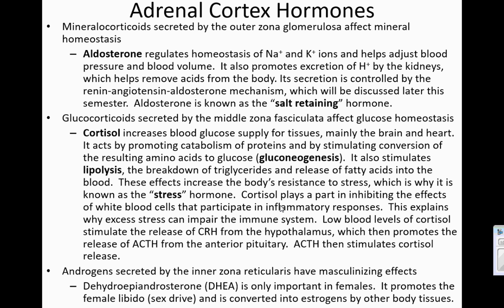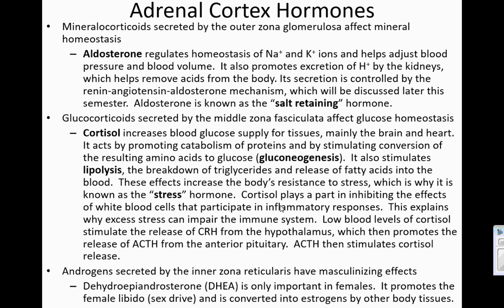It retains our salt. What's salt? Well, we know it's sodium chloride. If it's table salt, it could also be potassium chloride. And if we retain salt, that means we're going to help elevate those levels.